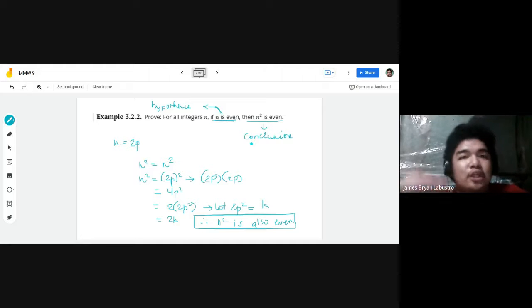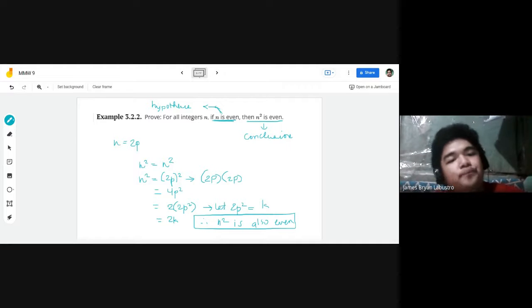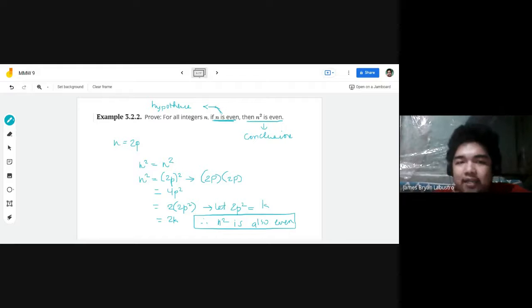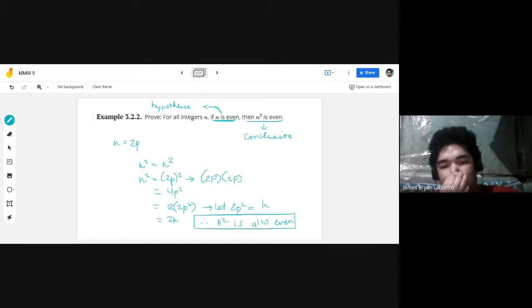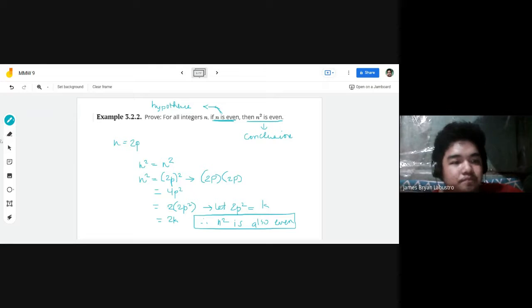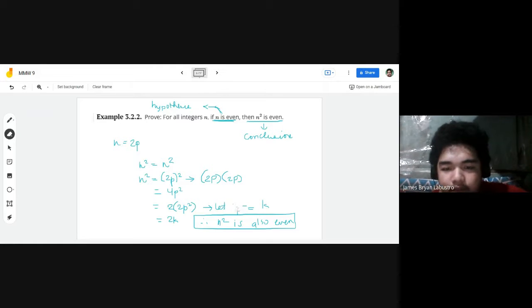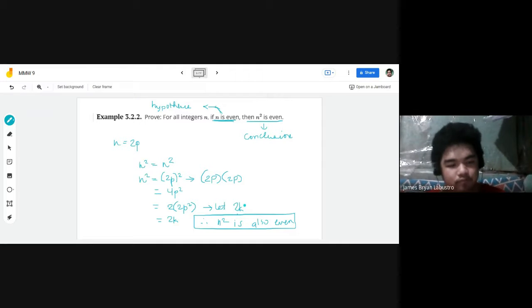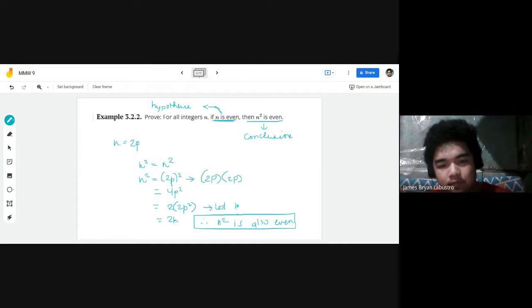So, we're going to prove the conclusion. So, we let n be defined as an even number, as 2p. Then after that, first we write the given.